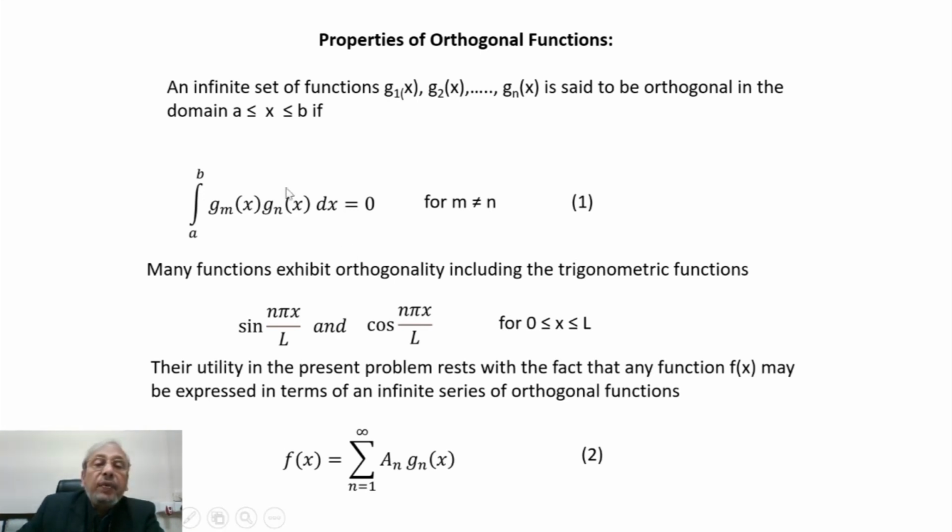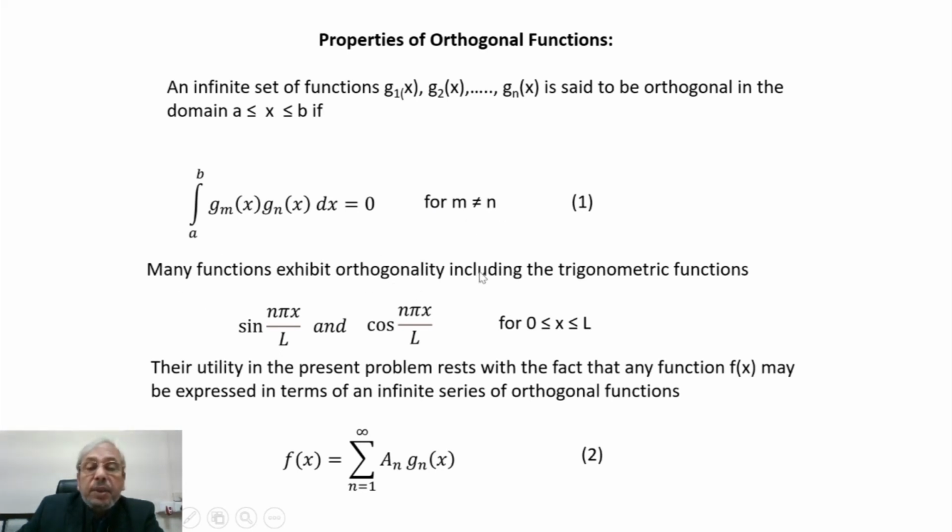This infinite set of functions is orthogonal if we can write the integral between a and b of gm(x) into gn(x) dx equal to 0, and this is for m not equal to n.